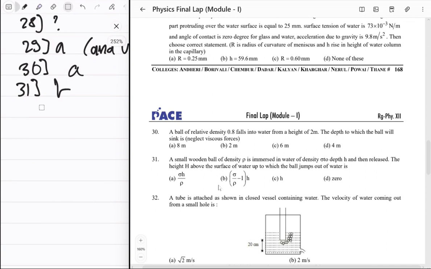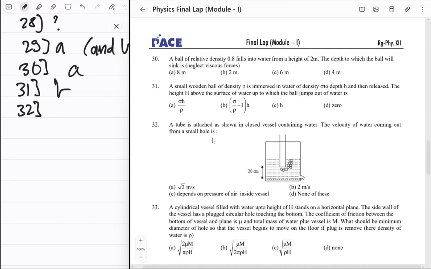32: a tube is attached as shown in a closed vessel containing water. The velocity of the water coming out of the small hole is what? Seriously, what?